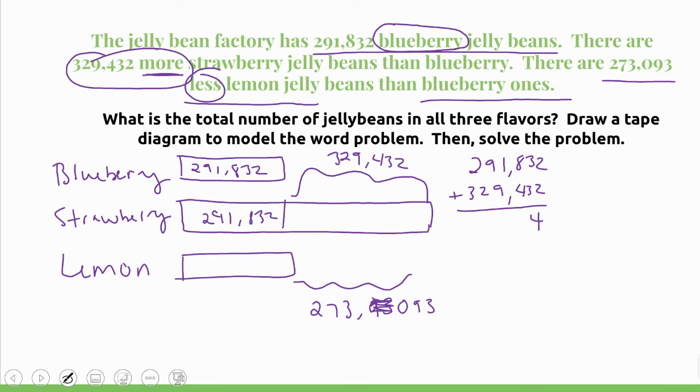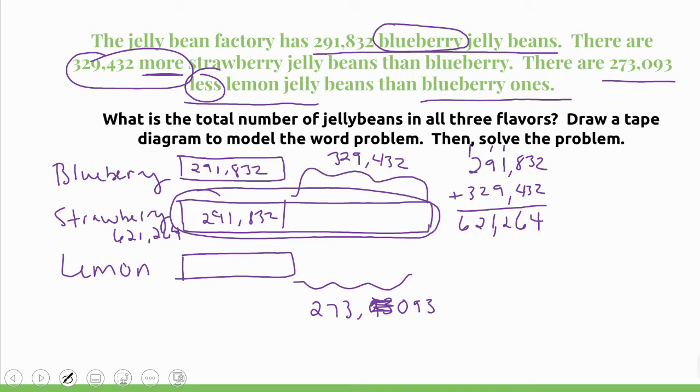Okay, so 2 plus 2 gives me 4, 3 plus 3 gives me 6, 8 plus 4 gives me 12, 1 plus 1 plus 9 gives me 11, and 1 plus 9 plus 2 gives me 12, and 1 plus 2 plus 3 gives me 621,264. So I know that my strawberry is in total 621,264.